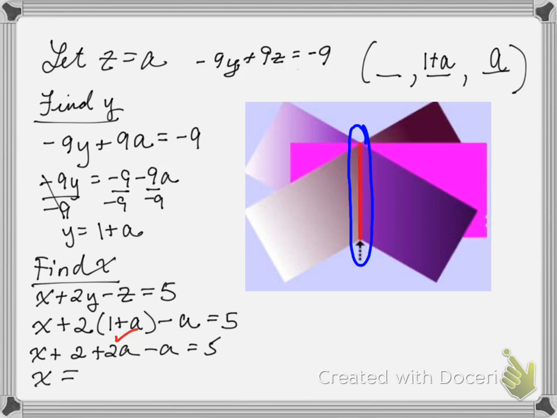So I will have a negative a on the right side. And then this 2 here, I'm going to subtract from the 5 so that I'll have positive 3. So solving for x here, I get negative a plus 3.